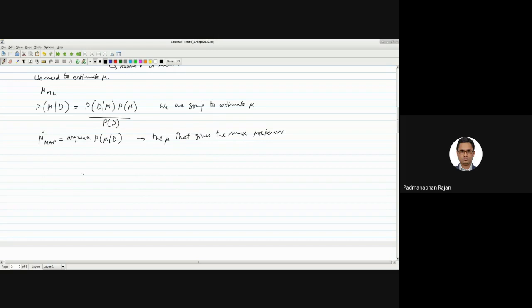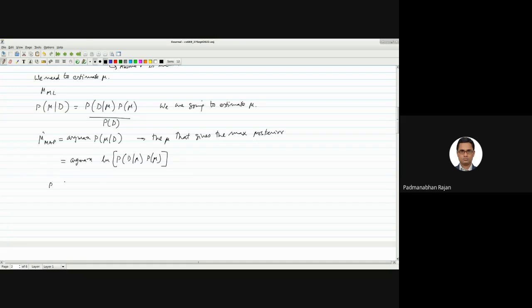And this is equivalent to the log of P of D given mu into P of mu, by just applying Bayes rule. And what is this?